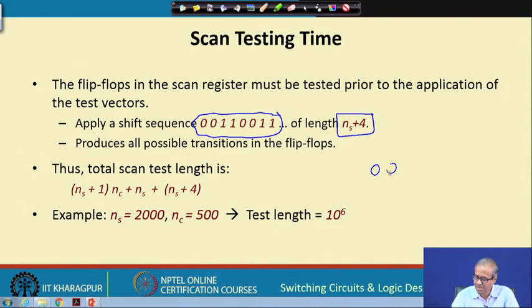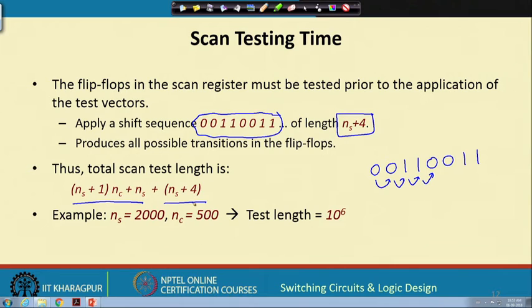When you apply a pattern like this, you go through all possible transitions: 0 to 0, 0 to 1, 1 to 1 and also 1 to 0. So, you are verifying that all the flip flops are able to carry out all possible transitions. This is the way you can test the scan flip flops.